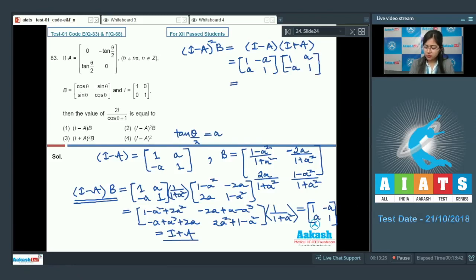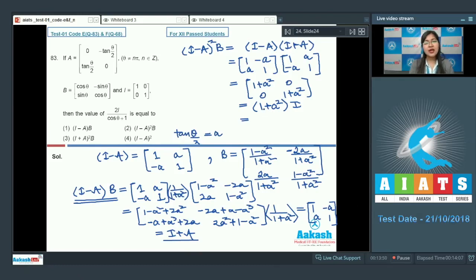Now this is equal to 1 plus a square, a minus a, that is 0, and here we will get a minus a, that is again 0, and this will be 1 plus a square. Now this can be written equal to 1 plus a square taking common into I, right? Now, a is tan theta by 2.